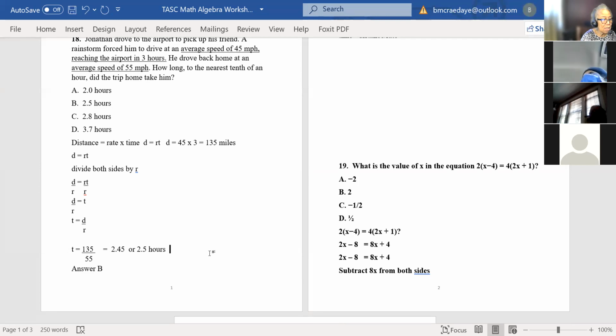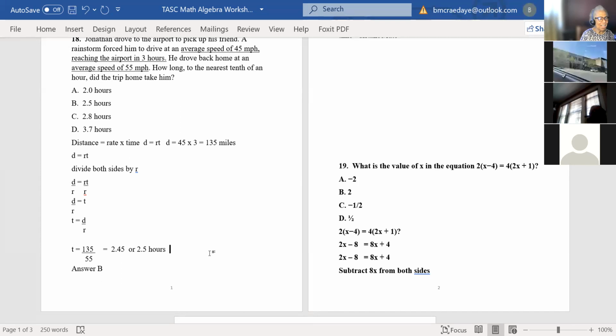When you go to do the test, you'd have to know distance, rate, time.